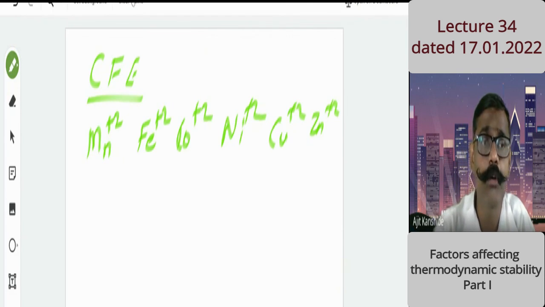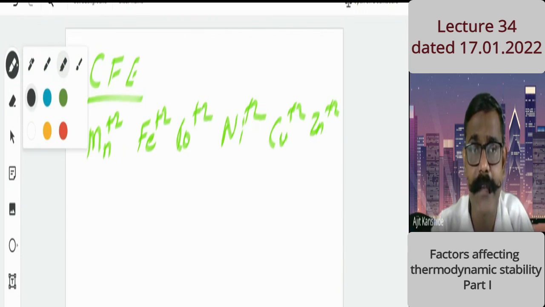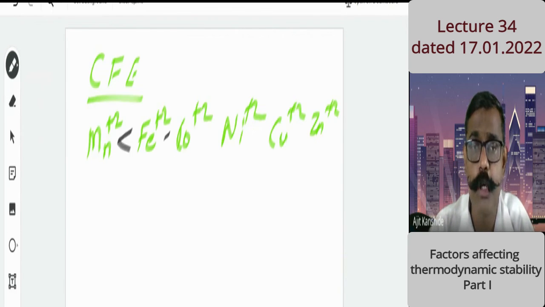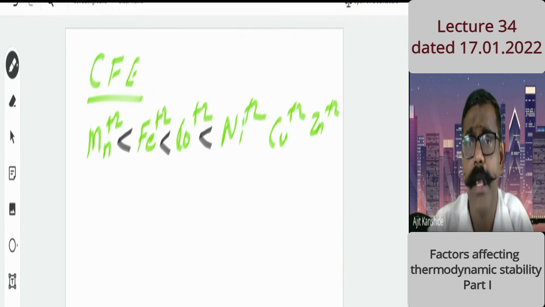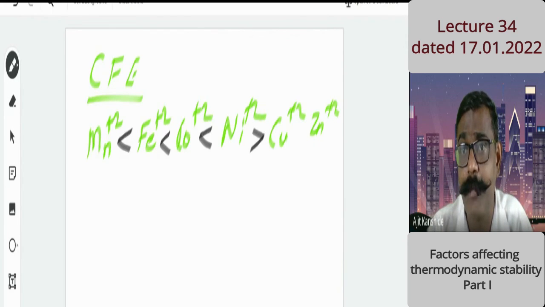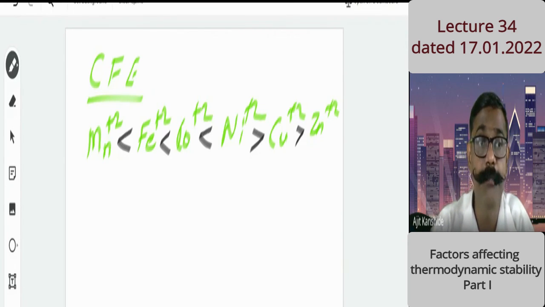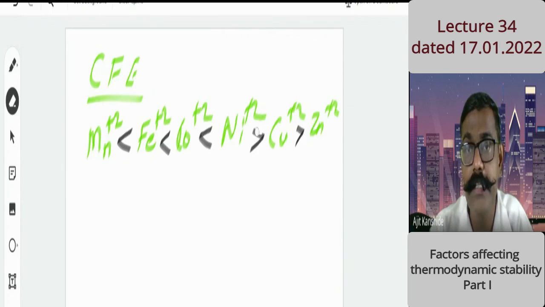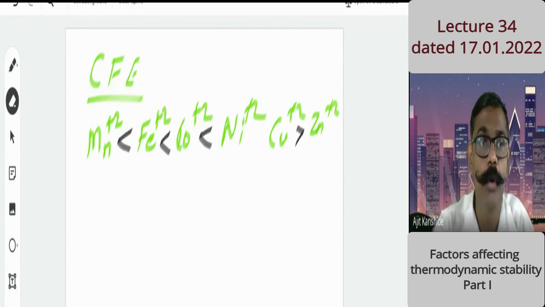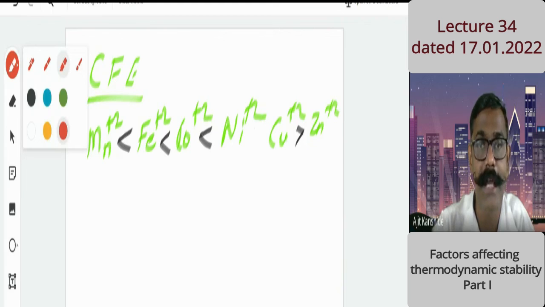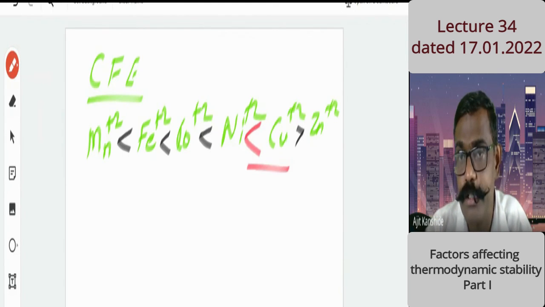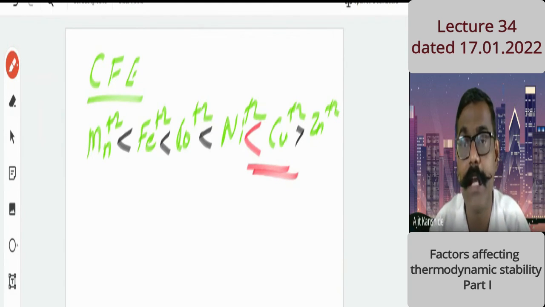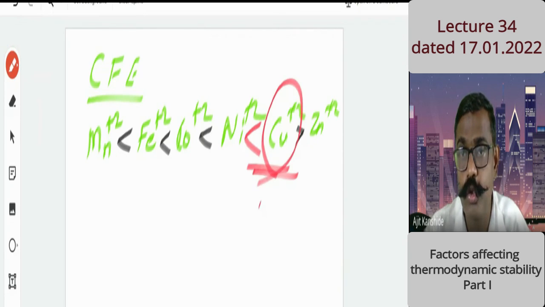As per the electronic configuration, it was expected that Fe+2, Co+2 and Ni+2 would be more stable, and Cu+2 should be less stable. But what is the reality? Reality is Cu+2 is found to be the most stable, and that greater stability of Cu+2 is due to asymmetric electronic configuration, or due to distortion.